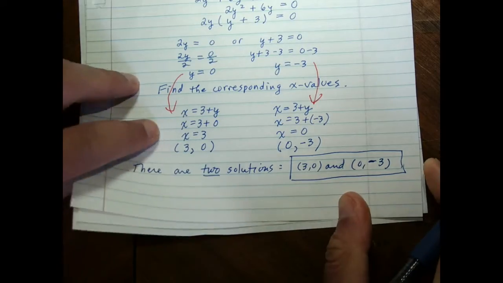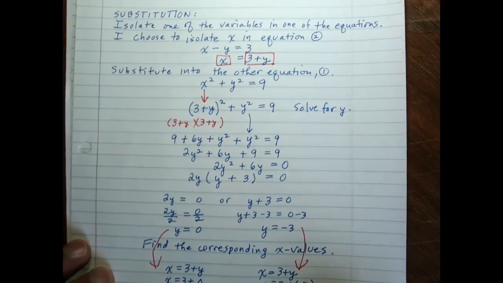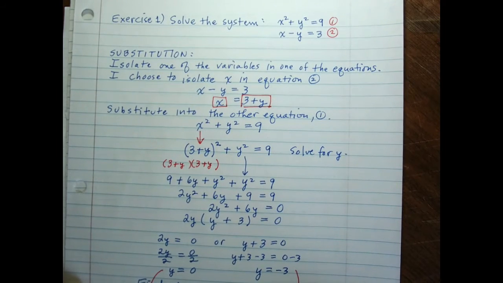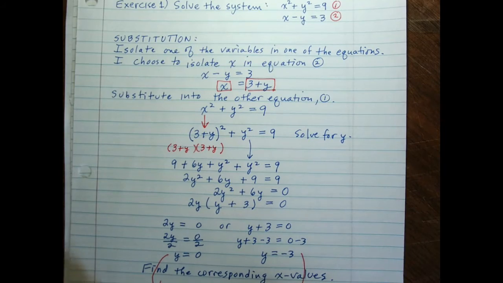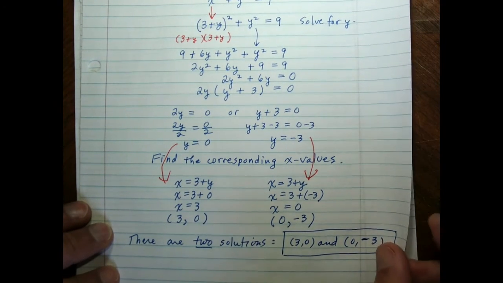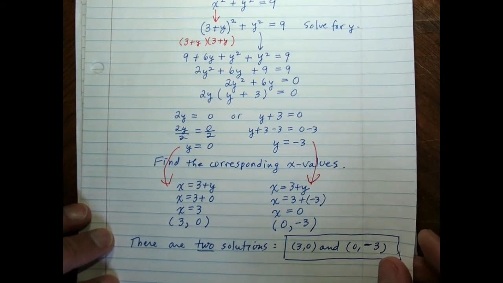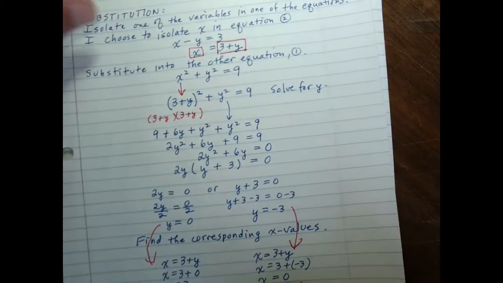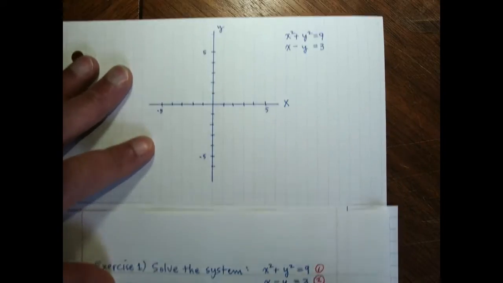And we just solved a nonlinear system where we had two solutions to the system. And what I want to do, just before we quit this video, is take a look at the graphs of those two equations.